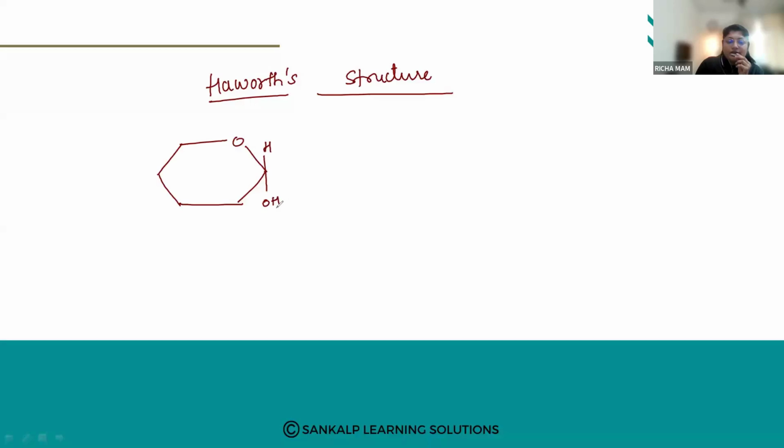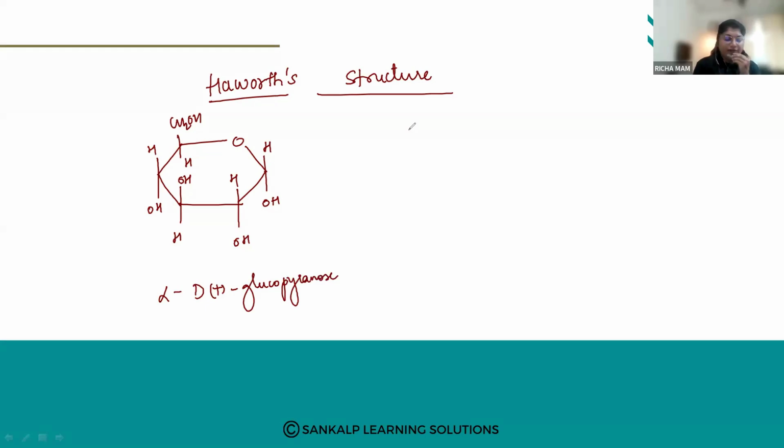When we are writing down the Haworth structure, after seeing the open-chain structure, this is your alpha-D-glucopyranose. Now let me show you how I have written this structure.